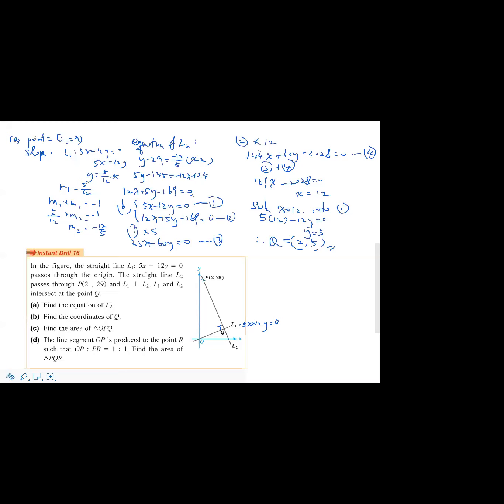We need to find the equation of a straight line, so we need a point, we need a slope. Okay, point on L2 is point P with coordinates 2 and 29. And then for a slope, we need to use the information about L1 perpendicular to L2. Okay, so we need to calculate the slope of L1 first.